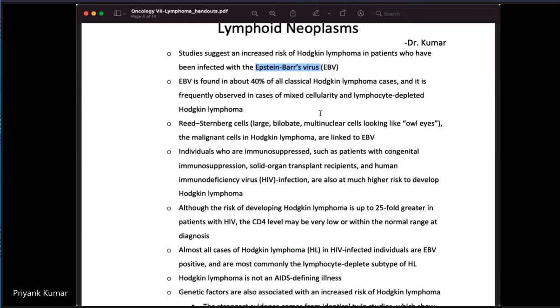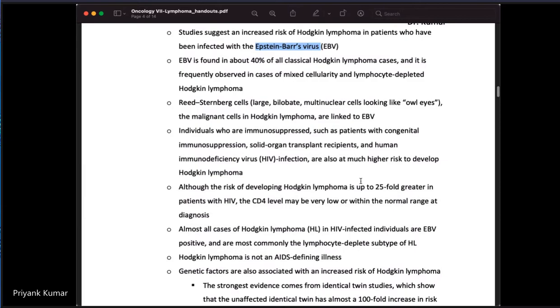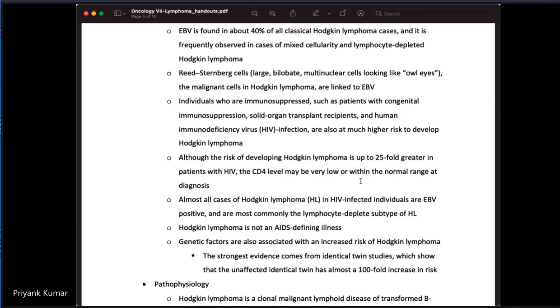Okay. Now, immunosuppression is also related to Hodgkin's lymphoma. So meaning patients who are recipients of solid organ transplant, or patients who have a disease that has led to immunosuppression, are at a higher risk of developing Hodgkin's lymphoma. Okay.